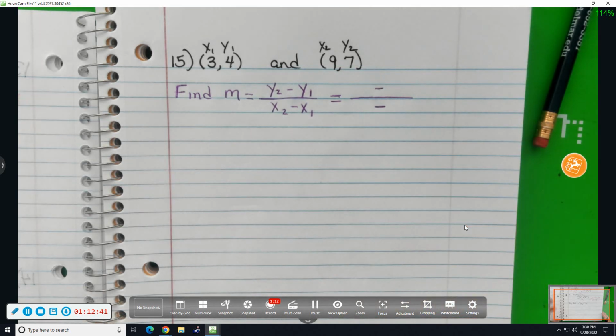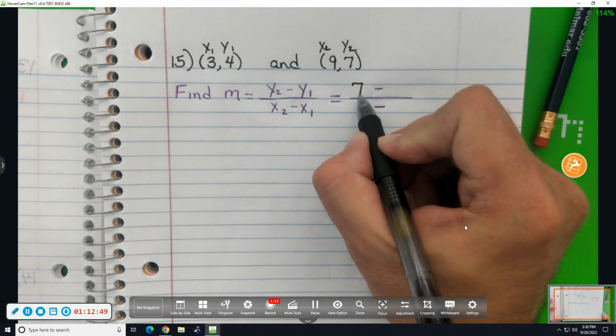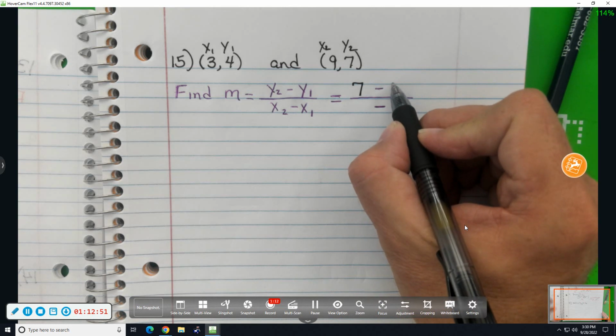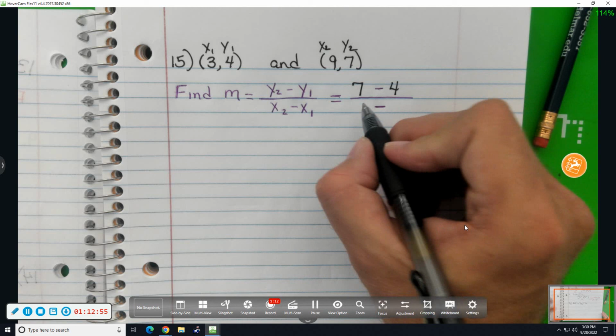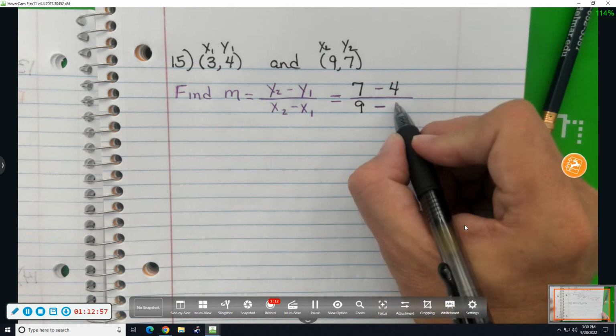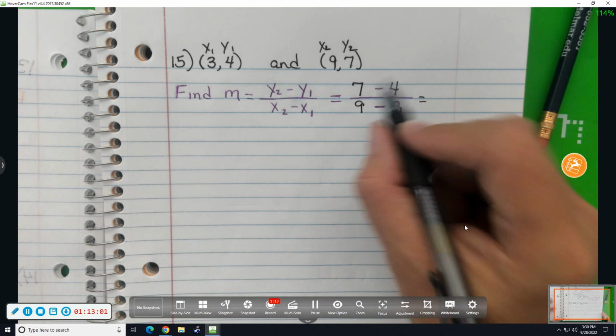So help me plug in for the y2, y1, x2, x1. y2 is 7, y1 is 4, x2 is 9, x1 is 3. So let's see, what are we getting for our slope?